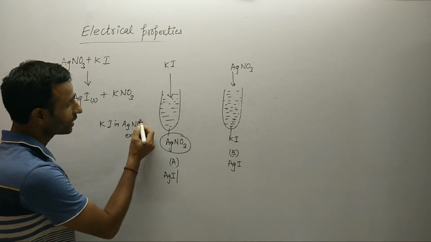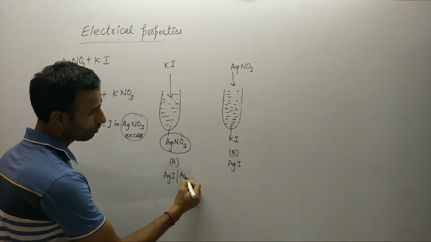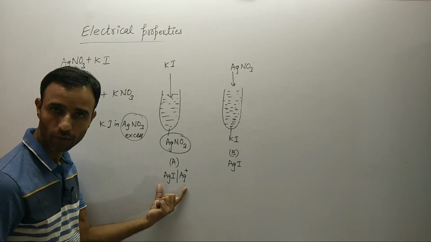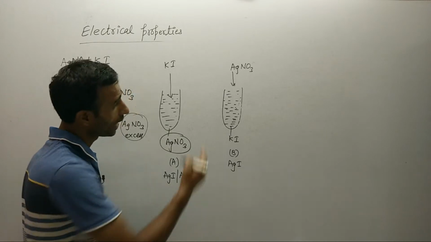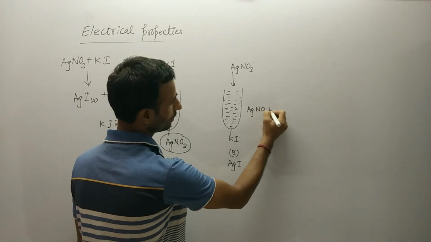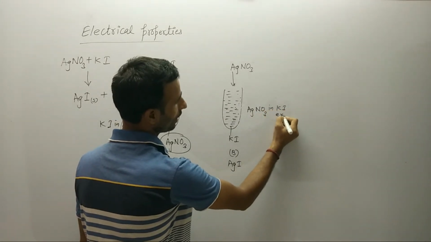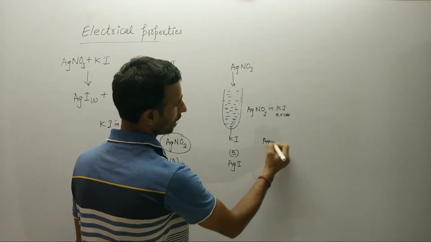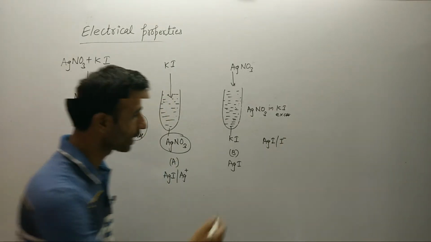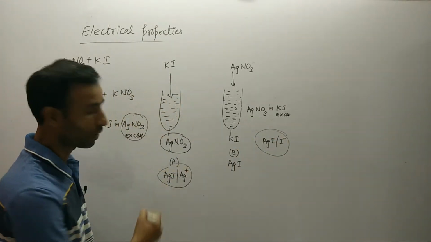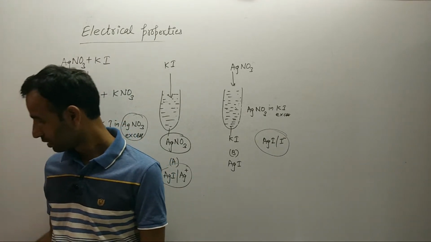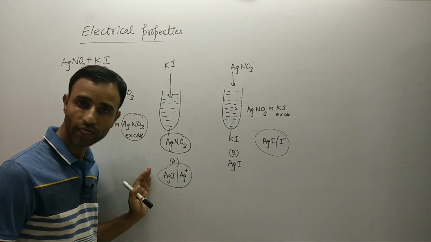As AgNO3 is in excess, Ag+ ion is adsorbed on it, so it is a positive sol. In the other case it can be written as AgI in KI, that means KI is in excess, so AgI adsorbs a negative ion, so it is negative and this is positive. B negative. Very good, beta. That's great. Got it?